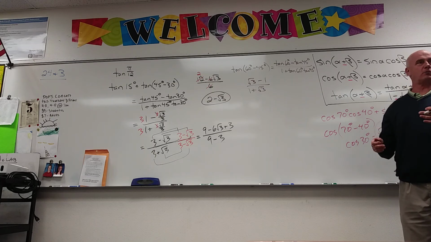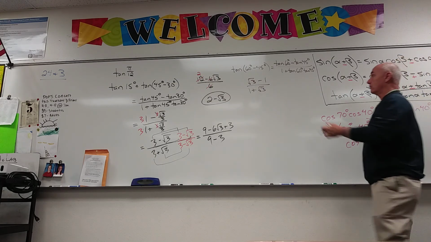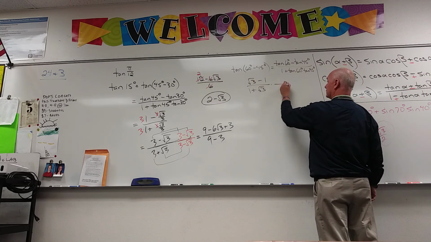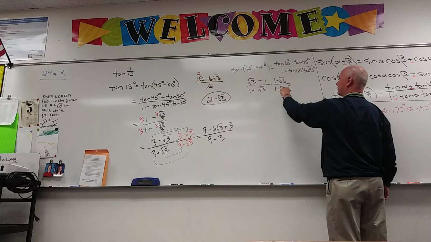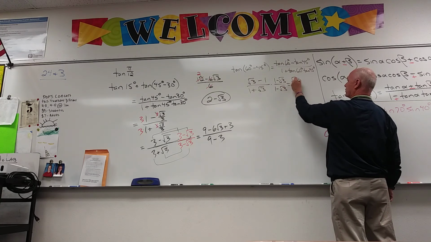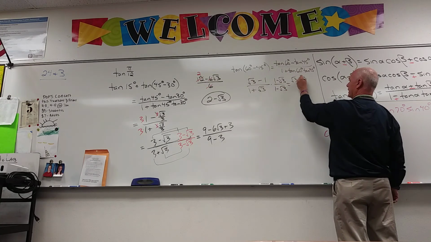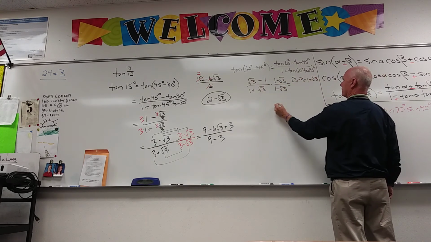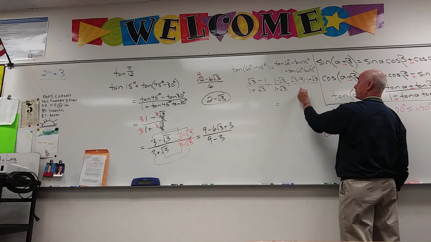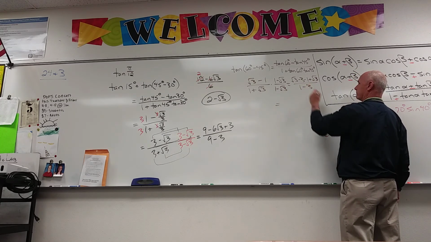Now the rest of the problem is pretty much the same. What would we have to do here? Multiply by the conjugate, which is 1 minus root 3. So 1 minus root 3 on top and bottom. Top, we have to FOIL. So first, outside becomes minus 3, inside becomes minus 1, last becomes plus root 3. Bottom becomes square the first minus square the second.